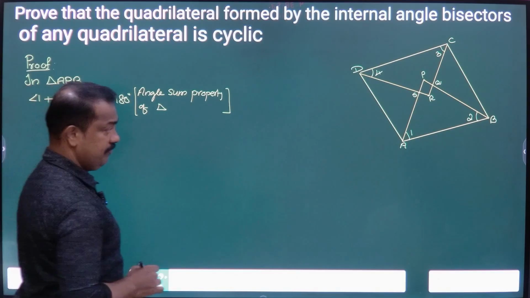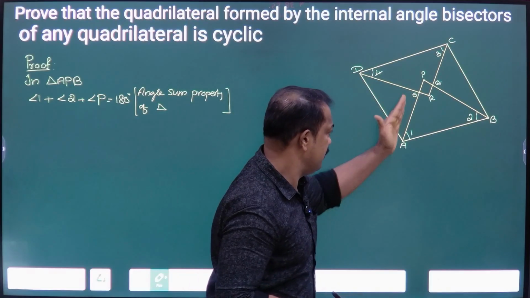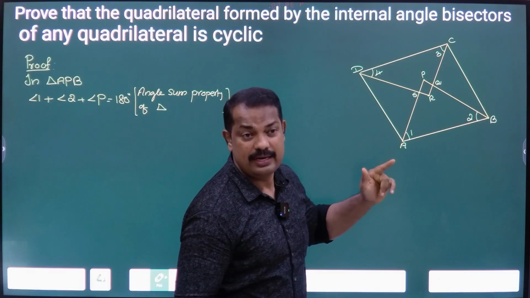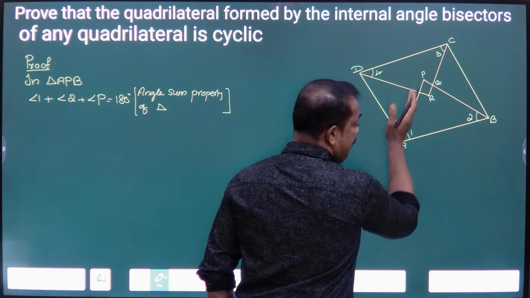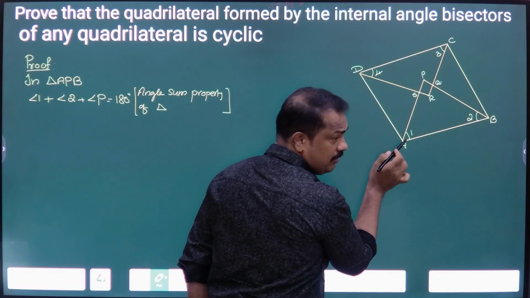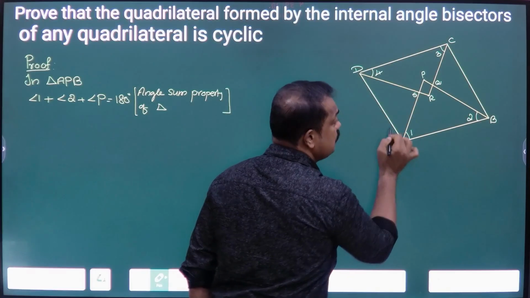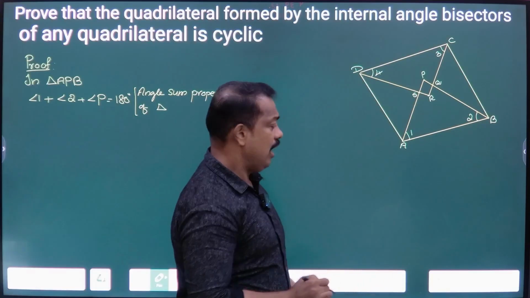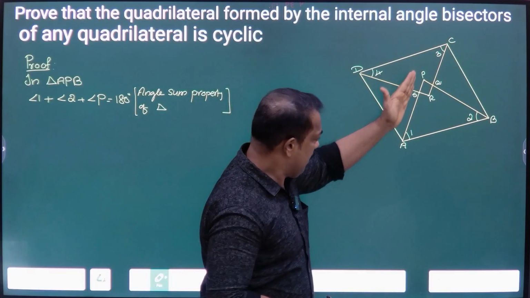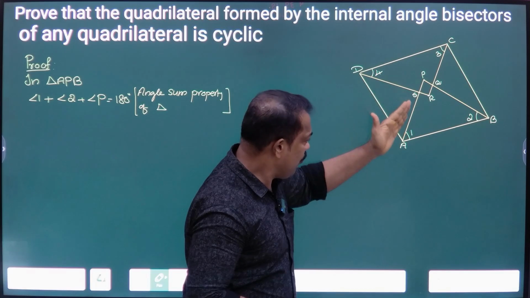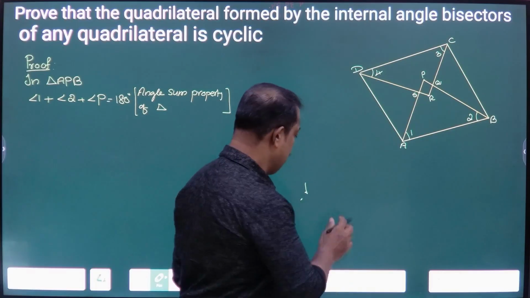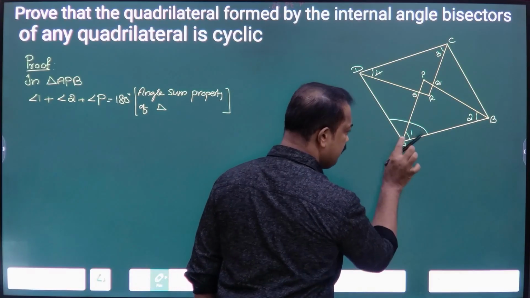Next. Now check the figure. What is AP? Bisector. Bisector of which angle? Angle A. इसका मतलब AP bisects angle A into two equal parts. Angle 1 is one part, half of the whole angle. ये पूरा एंगल का एक पार्ट है ना, एंगल 1.